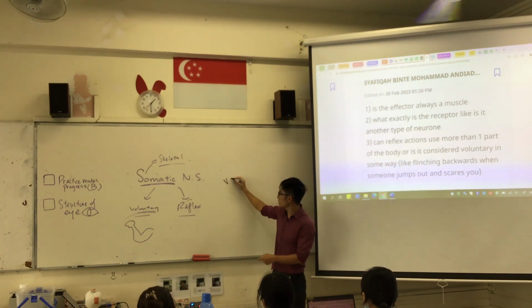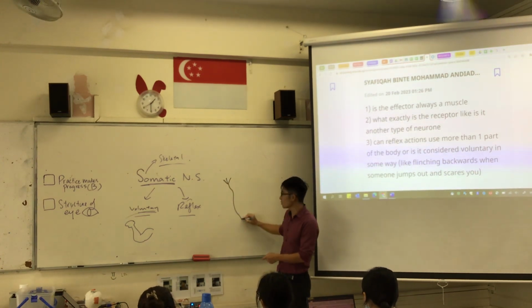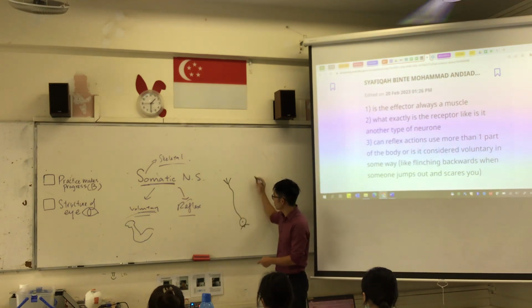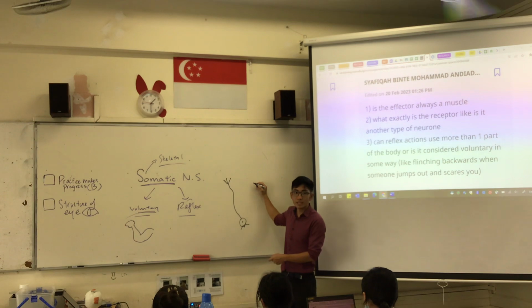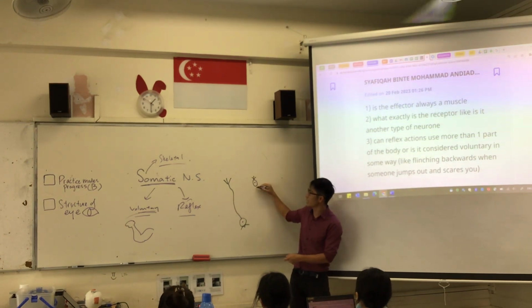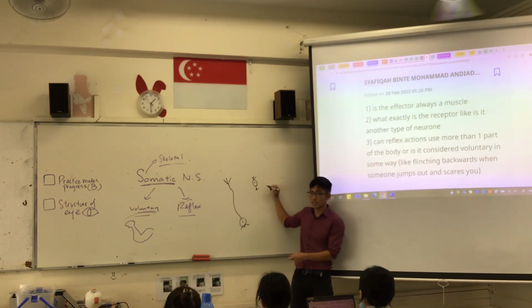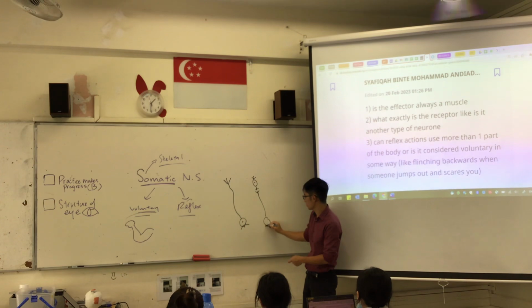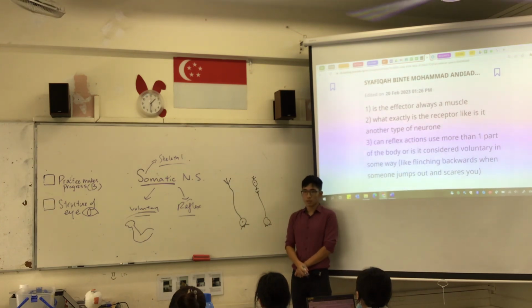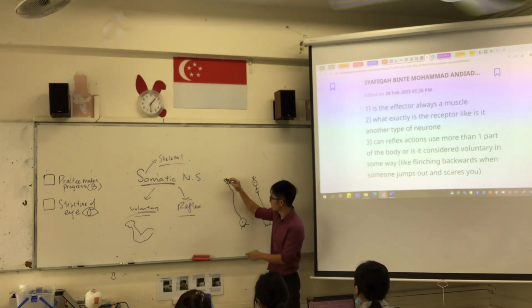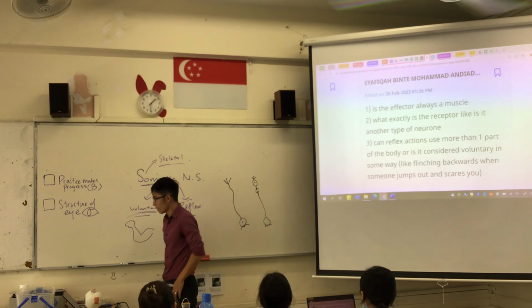Some receptors are just the end of the sensory neuron. Some receptors are specialized cells that purely just detect the stimulus, and then a sensory neuron is after this. So what's my reply to the question?